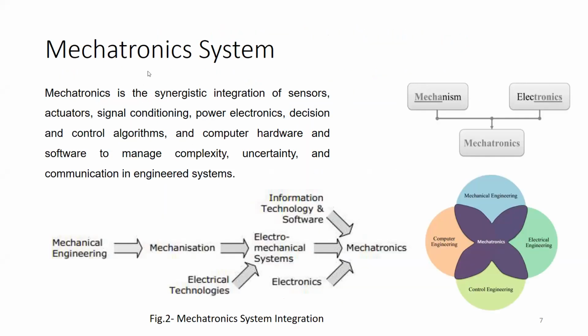So after types of automation, a simple introduction to the mechatronic system, as we have discussed that you already have studied this subject in the previous semester, but it has applications in this particular subject also. So we need to just have an understanding of the mechatronic system again. So we will just go through it again. So just read the definition.